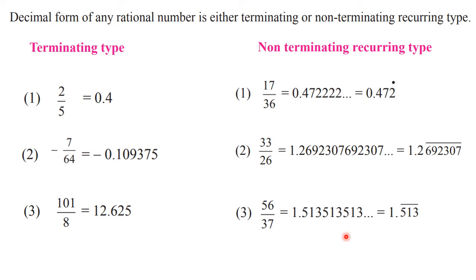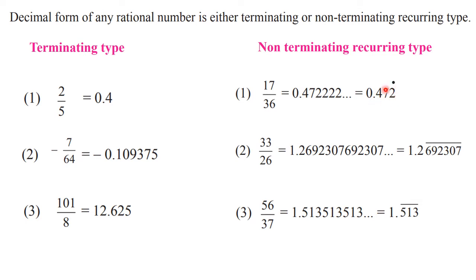Okay. Now after this we are going to study exactly the opposite thing. See, here the P upon Q form is there, and that we have expressed in decimal form, terminating or non-terminating recurring type.